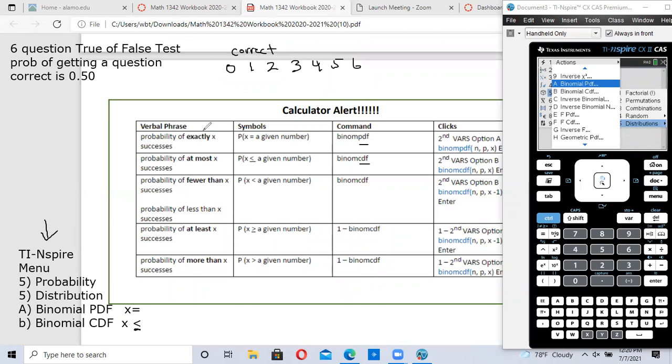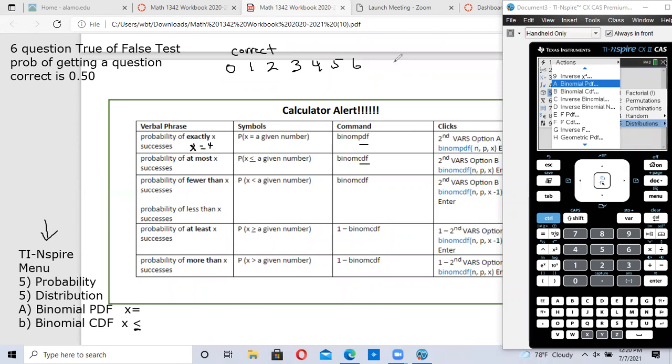So we're going to do this first one. Probability of exactly X equals 4. I want to get 4 questions correct. To do this, we go to binomial PDF.